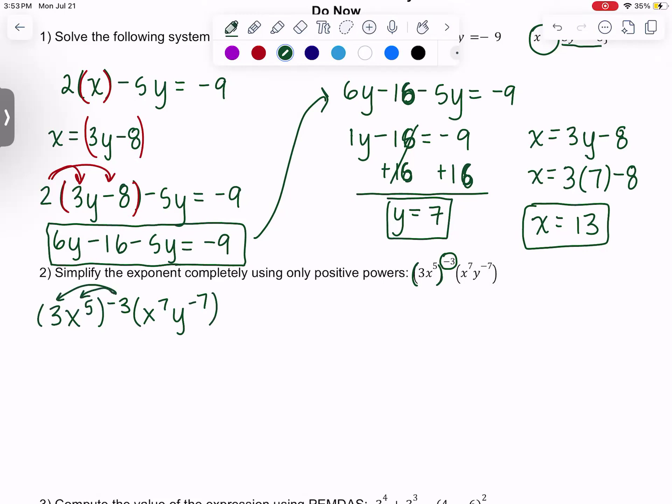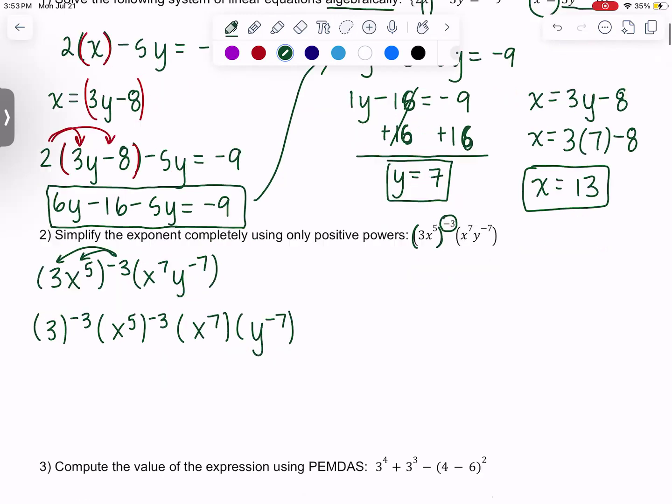Distribute the -3. So it's going to be 3 to the -3 and x to the 5th to the -3. Take apart the second expression, x to the 7th in its own parentheses and y to the -7th in its own parentheses. And let's start simplifying.